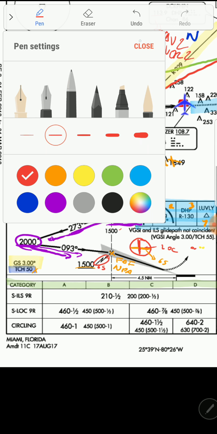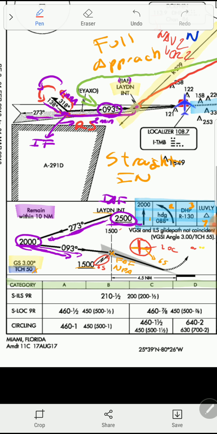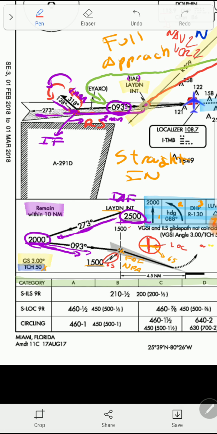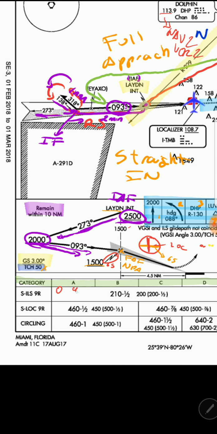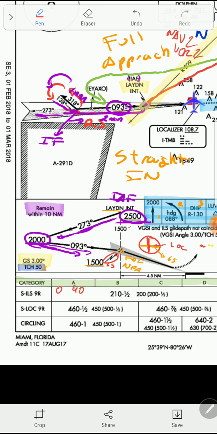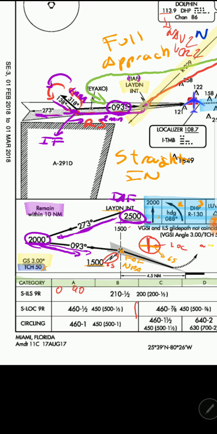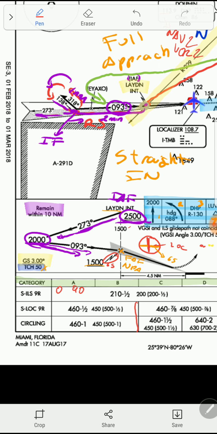And what this means is you're going to be placed based on your speed. For example, if you're approaching from 0 to 90 knots approach speed, you're going to be on category A. What is important to know is our category, because category A approach minimums are going to apply for us.